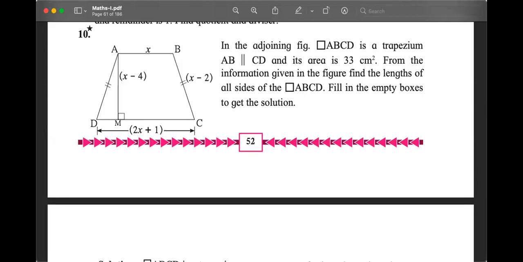Okay. What else? Karthik is saying AM is perpendicular to CD. Yes. Very good. What else?